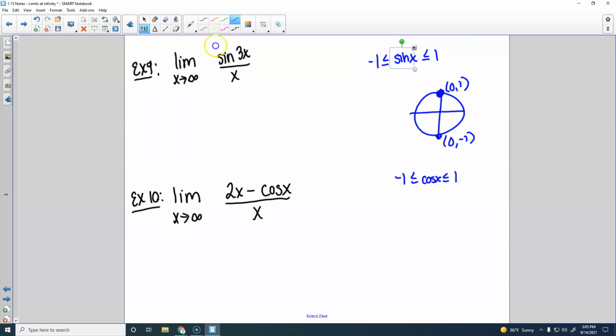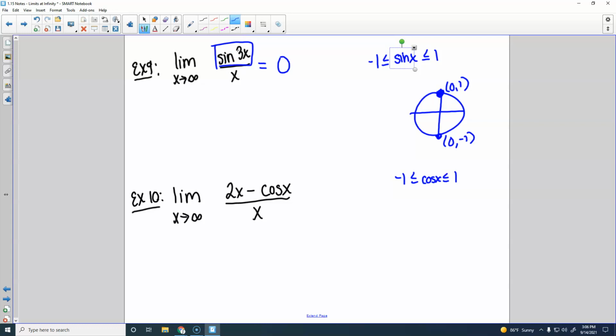So this number right here is always something between negative 1 and 1. That's a really small number, right? So as x gets bigger and bigger, what is this going to approach? Sine of 3x is like just having a 1 or a 7 or a 52 up there.